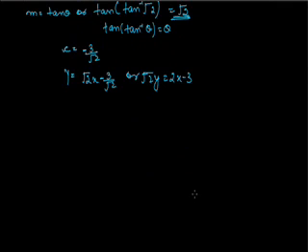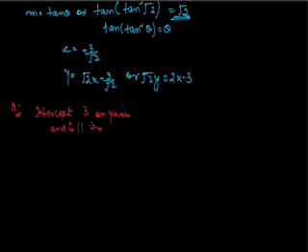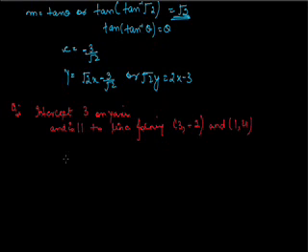Now next question. I have to find the equation of a straight line with an intercept of 3 units on the y-axis and is parallel to the line joining (3, -2) and (1, 4). How will I do it?